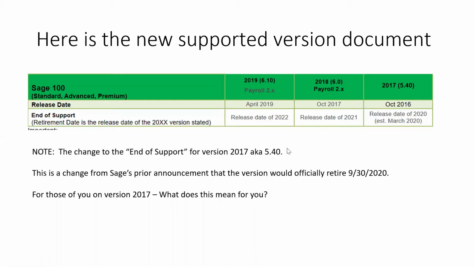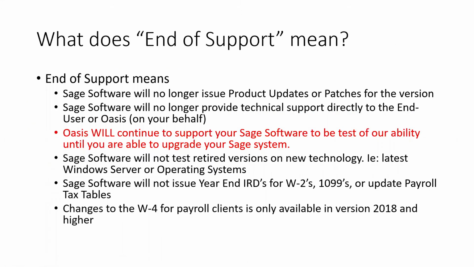So what does that mean to you, especially if you're on version 2017? Well, first of all, and I think I have this on another slide, I don't want you to panic thinking that you're going to have to get your software upgraded in the next couple of weeks. We have a plan for that. Things are not going to happen that quickly.